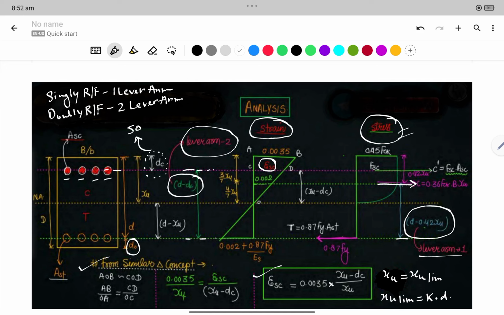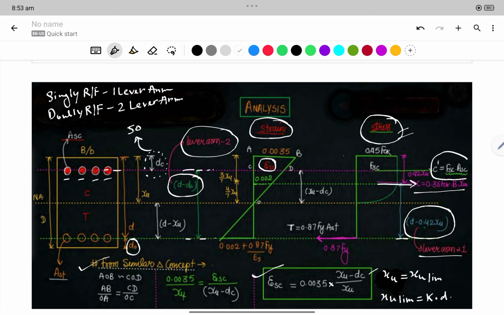So what other thing is coming from here? You can see the strain value we have calculated by the similar triangle concept, 0.0035 into XU minus DC divided by XU. The combined force you have seen for the compression is 0.36 FCK B into XU. Previously we have seen it, but now the force for the rebar in the compression zone will be this one.